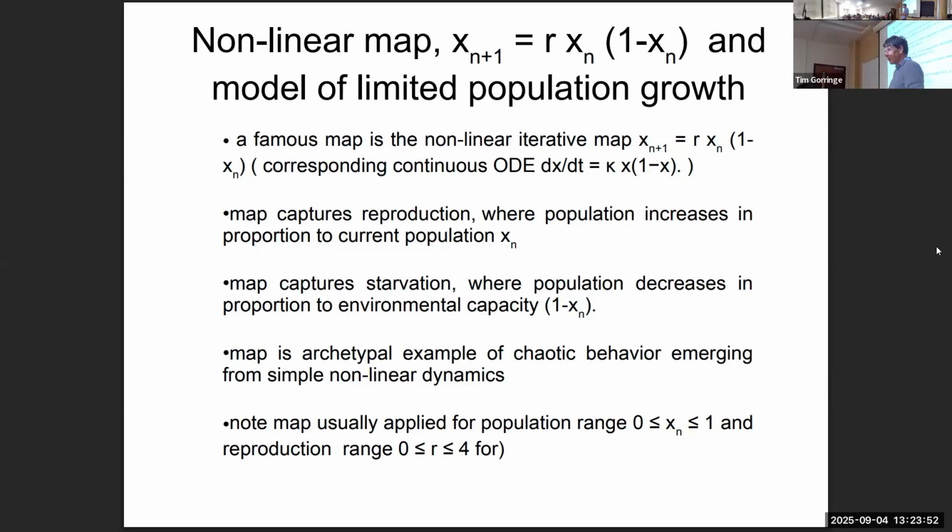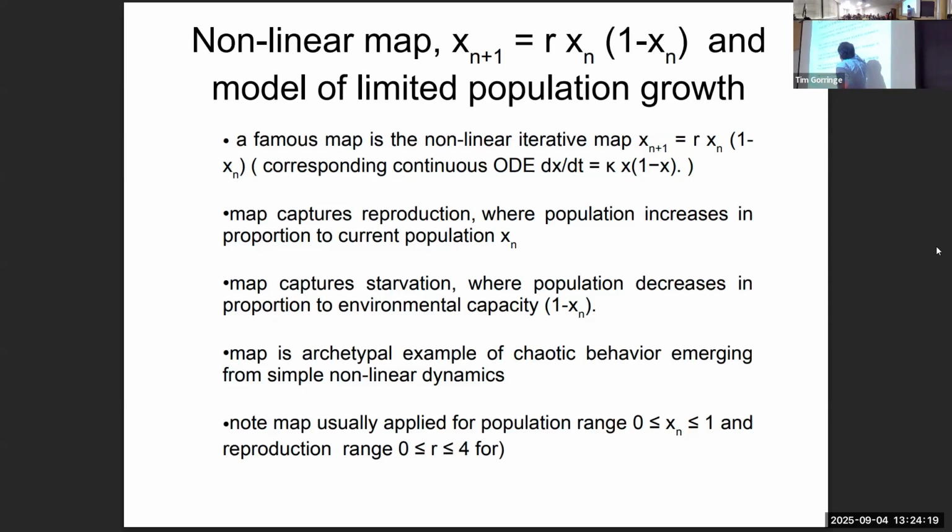There's also plus and minus signs, so there's reasons the population can increase and decrease from that. This basically models both these effects of increasing population from reproduction, decreasing population from the capacity of the field.